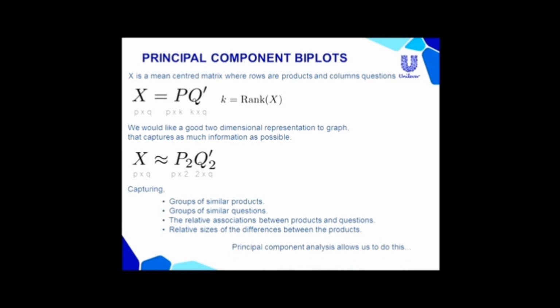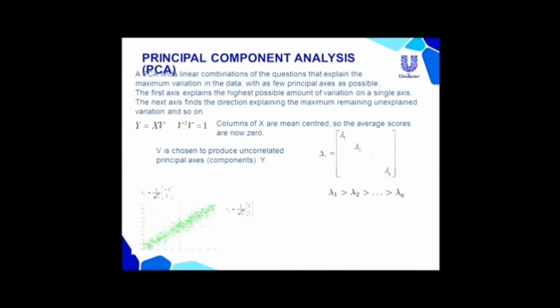So principal component analysis can help us with this. What principal component analysis tries to do is take your data and find a transformation of that data to a new data set, such that the new variables are all uncorrelated with each other.